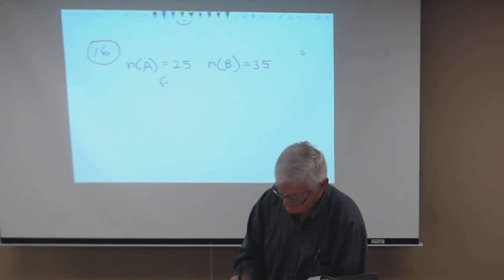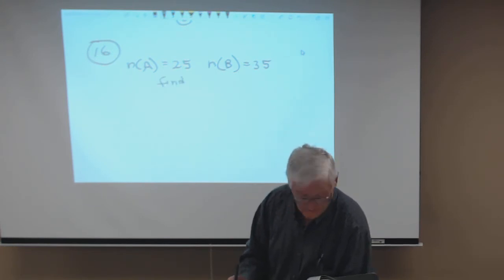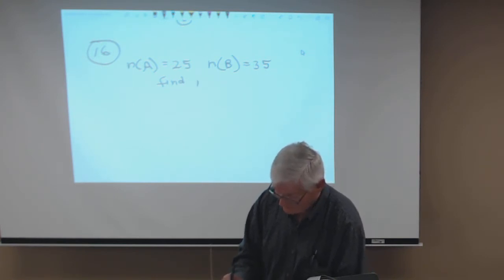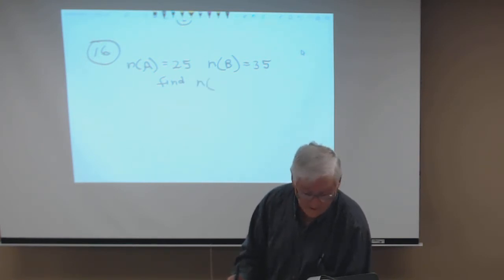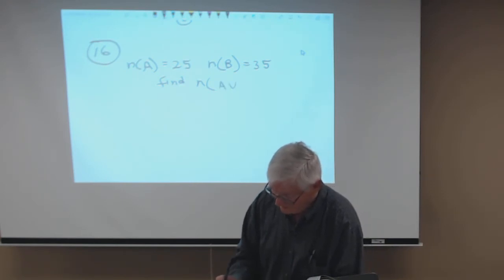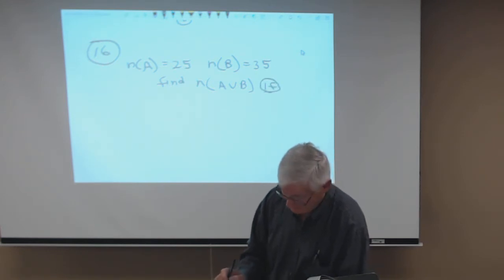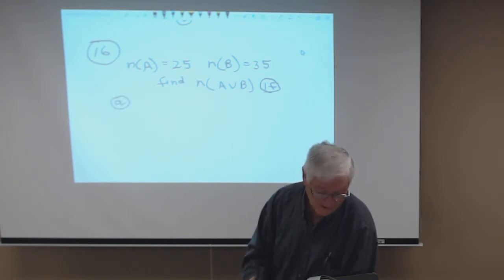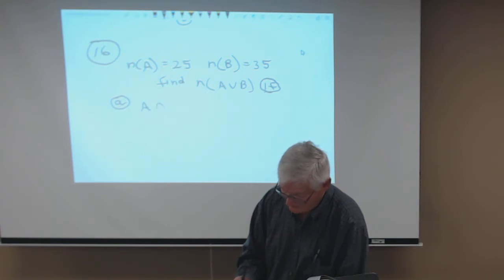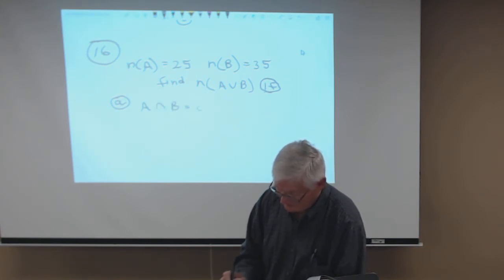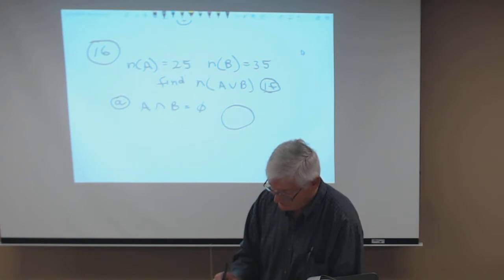Find the number of elements in A union B. What's 16A? If A intersect B equals empty set. So here's A and here's B and they don't intersect, right?